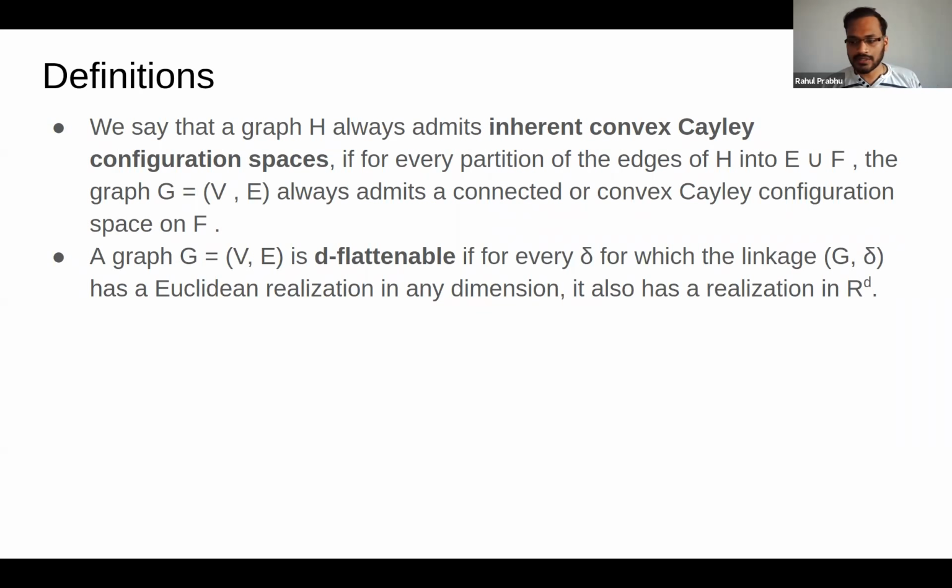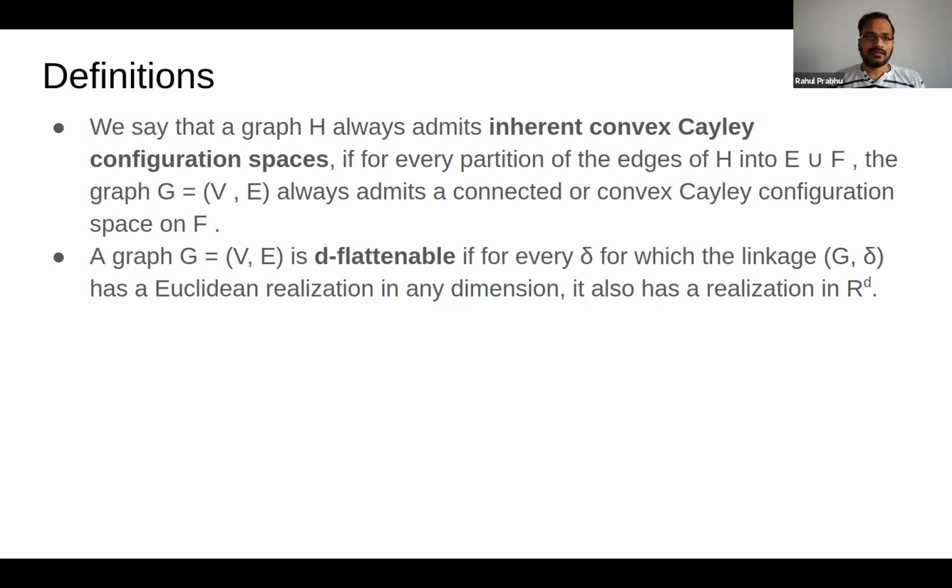So we move on to this idea of inherent Cayley configuration spaces. In the previous section, when we talked about convex Cayley configuration spaces, I always gave you a graph and a non-edge set. And I said that for this graph on this non-edge set, you had a convex Cayley configuration space.